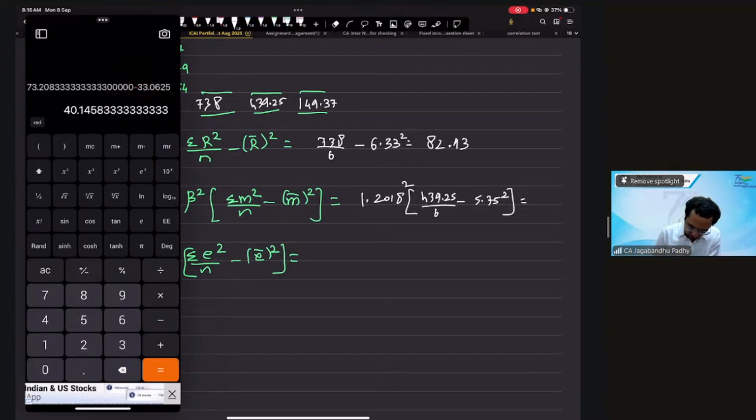That's 40 into 1.2018 into 1.2018, which is 57.98.